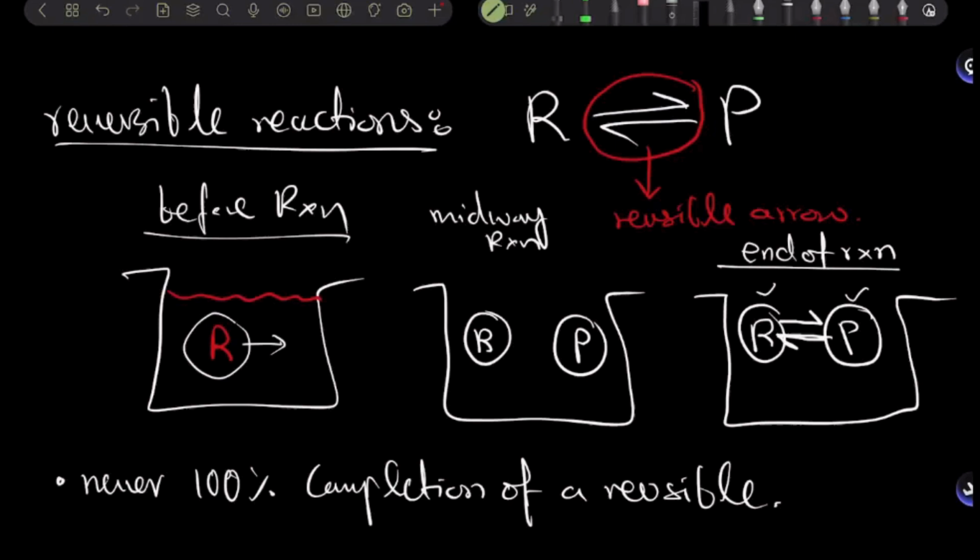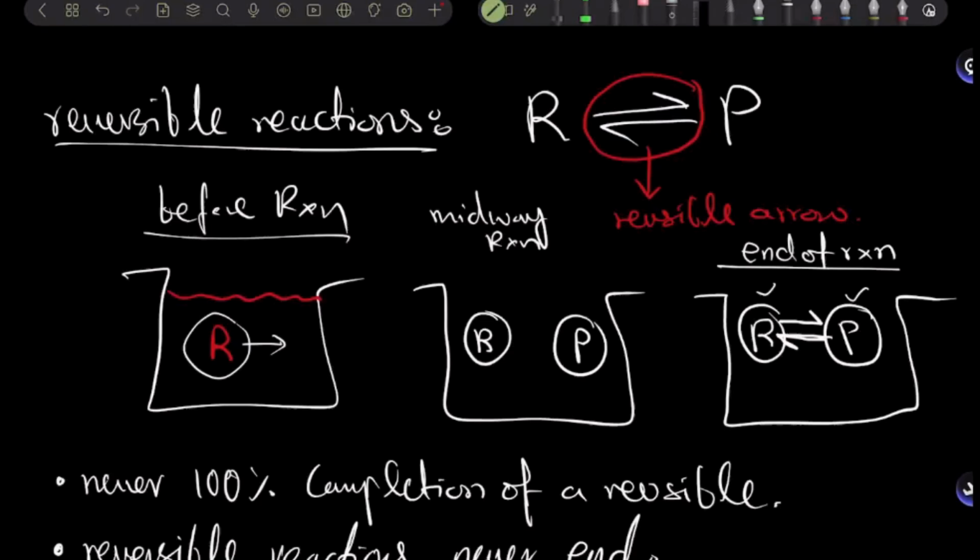Quenching means stopping abruptly. All right. So unless we stop this reaction by using some external force, this reaction is going to keep on carrying on. So reversible reactions, this is the second important point, never end. All right. So reversible reactions never end.